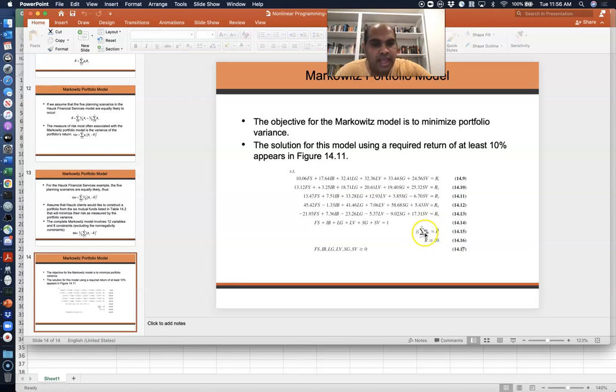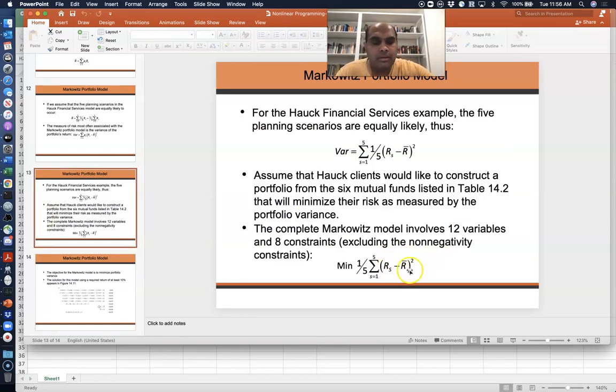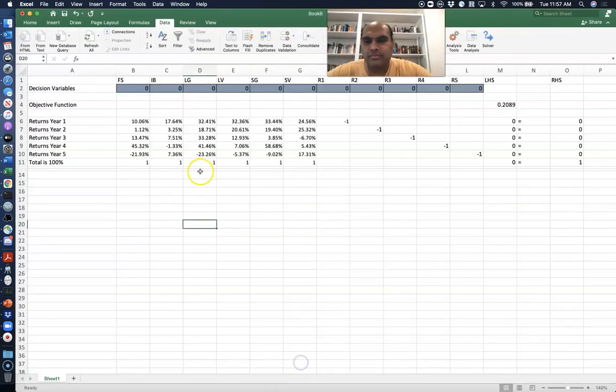That R bar is the average value of all of these 5 returns. And then you want R bar to be at least 10%. You want a minimum of 10% return. And you're going to use the value of R bar in the objective.